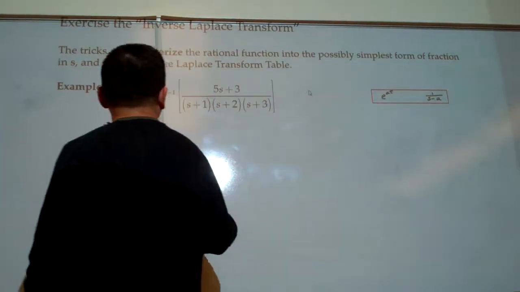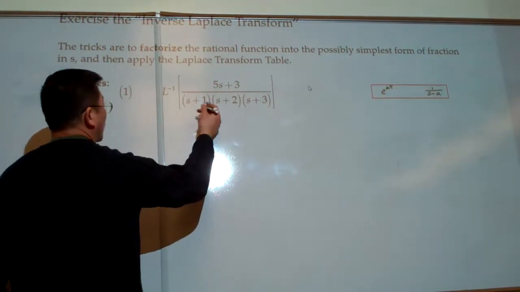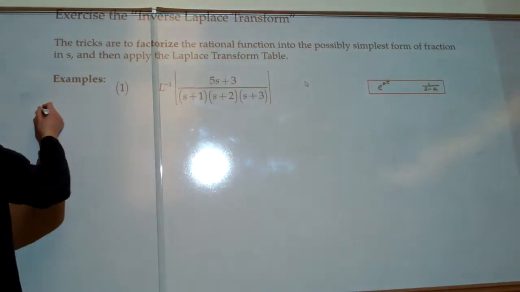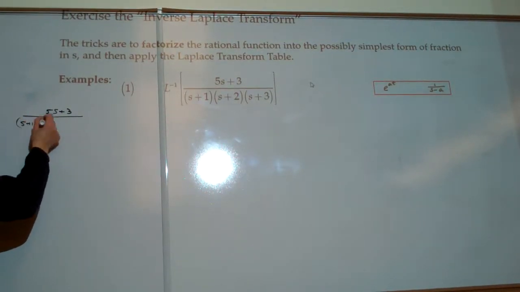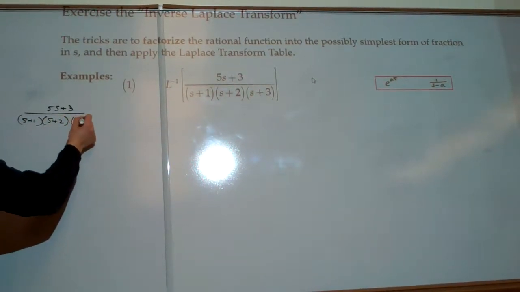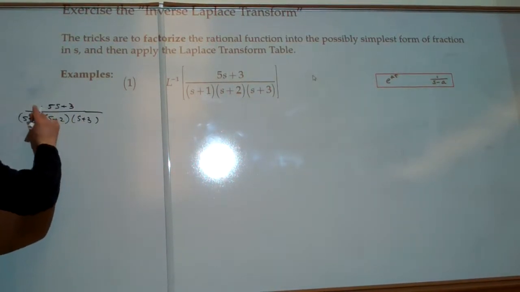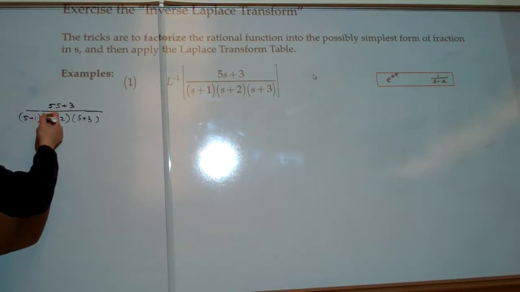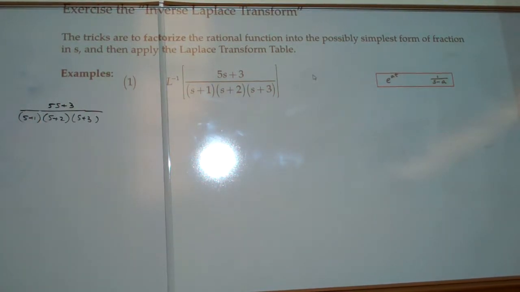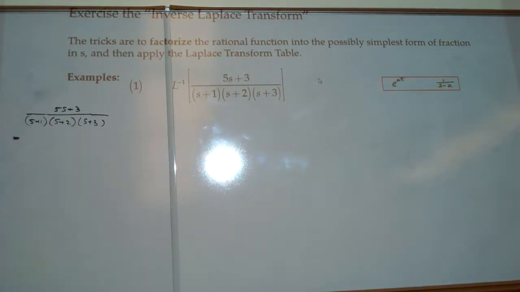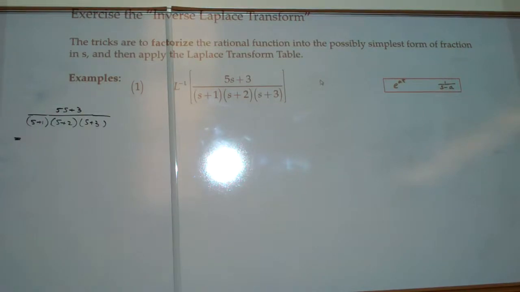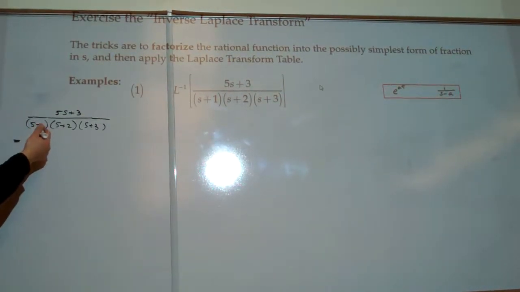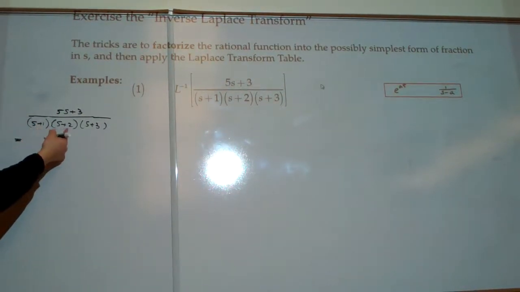So for this one here, let me write it up again: (5s + 3) over (s + 1)(s + 2)(s + 3). We want to decompose this into a combination of simple terms, and the simple terms mean using the denominator factors, basically the multiplication of the three terms.